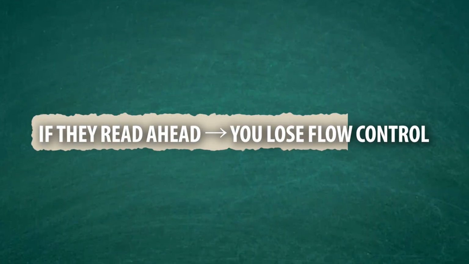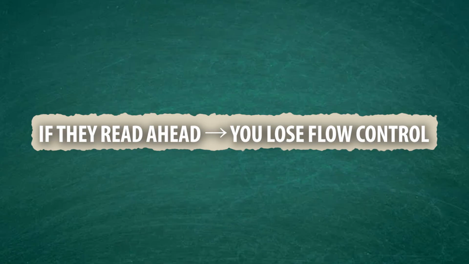Also, if they are reading, remember this, they can read faster than you can talk, which means you've lost control of them. They're reading ahead and then they get done and you're still 75% through. They're going to be on their laptop, maybe booking flights for their next vacation or playing a game or something like that.